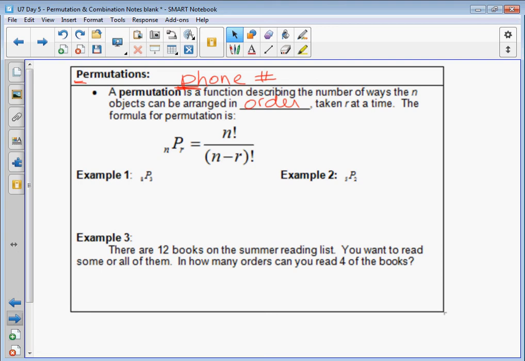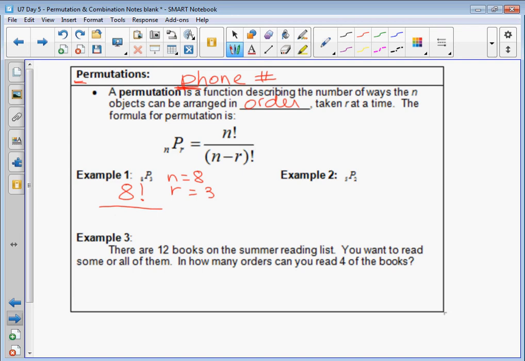So in this first example, if we have 8 with a permutation of 3, we have 8 factorial over 8 minus 3 factorial, where n is 8 and r is 3.